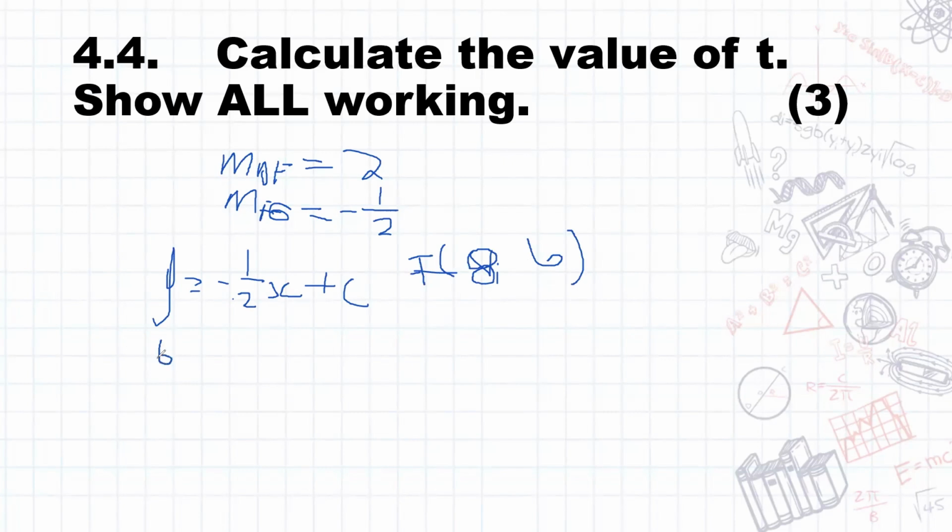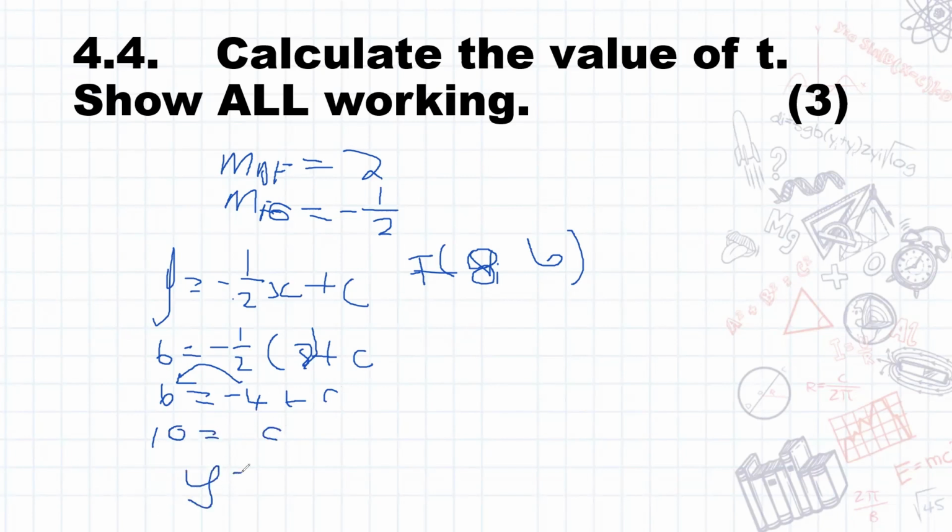We'll have 6 is equal to negative a half times 8 plus c. So 6 is equal to negative 4 plus c, since half of 8 is 4. We'll take the negative 4 to the other side, so it becomes plus 4. So c is 10.